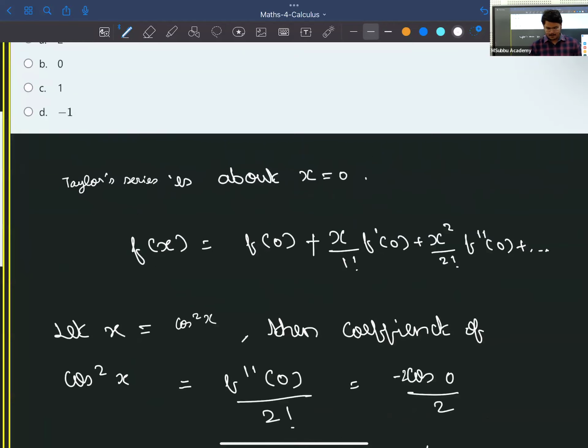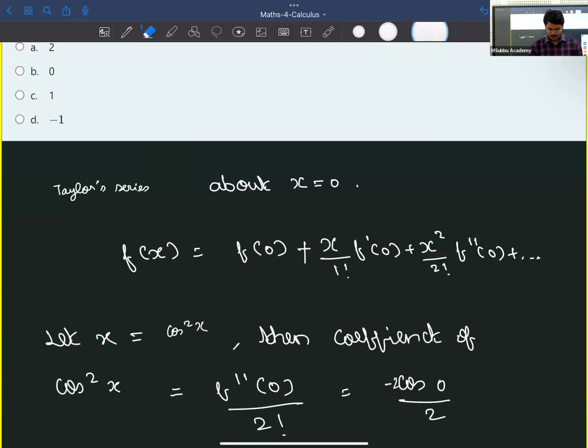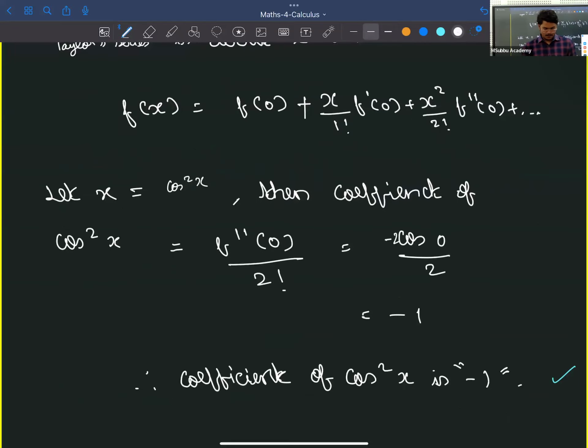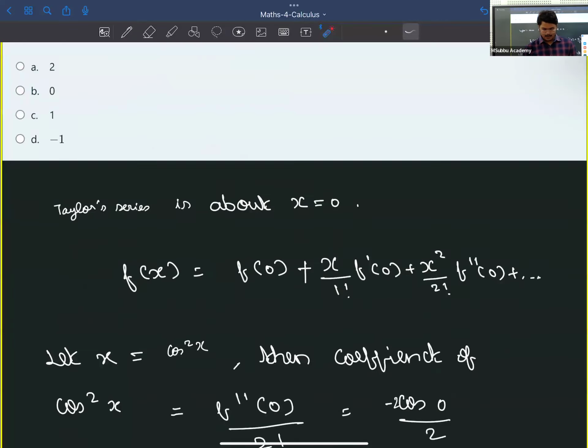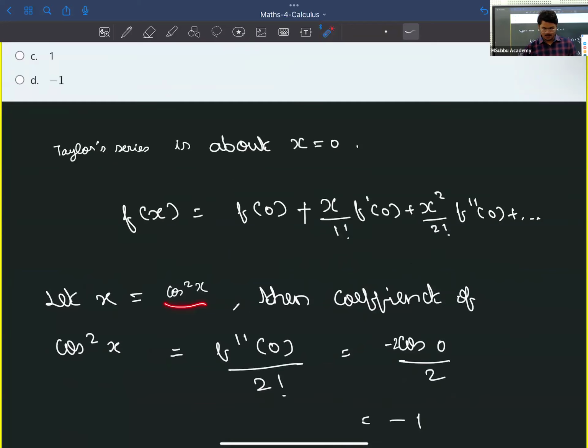So I'll just explain this problem once again. Here they have asked for cos square x. But when I explained before, I had taken f of x is equal to cos x. Since they have asked for cos square x, you should take cos square x directly, f of x is equal to cos square x.